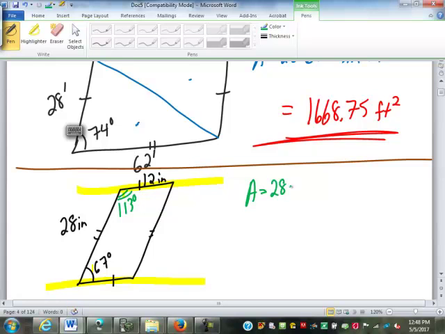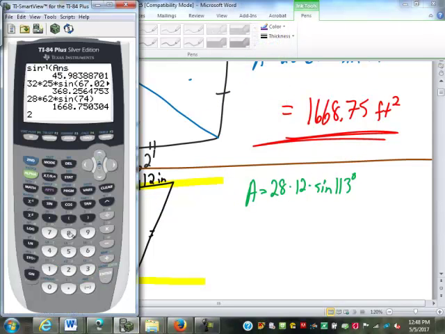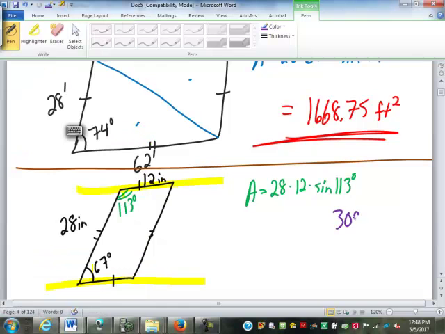So my area is 28 times 12 times the sine of 113 degrees. That's $309.29. And of course those things are in inches, so this is in square inches.